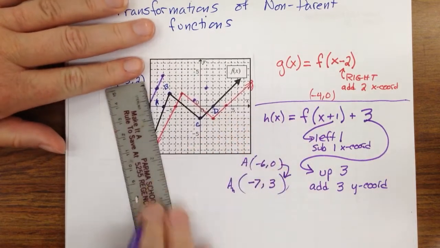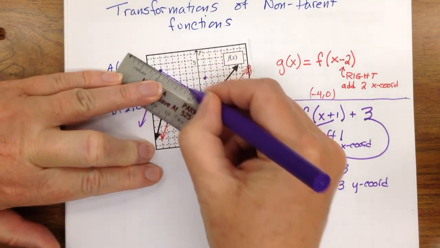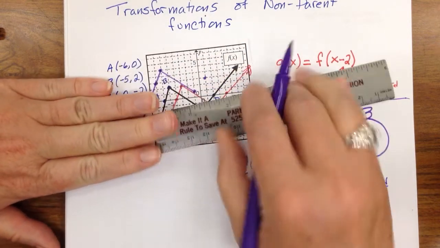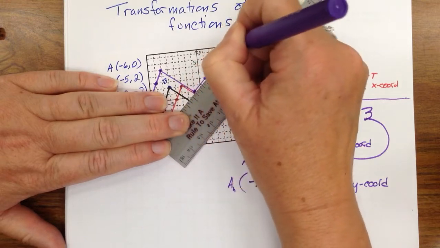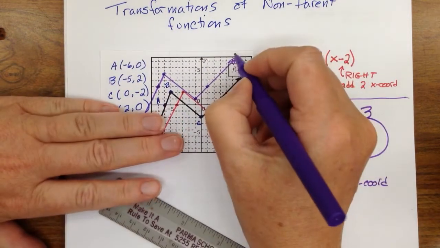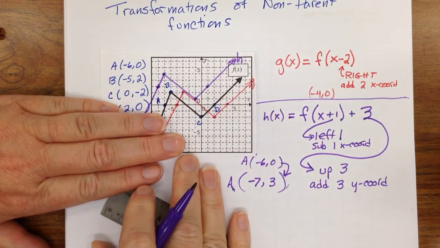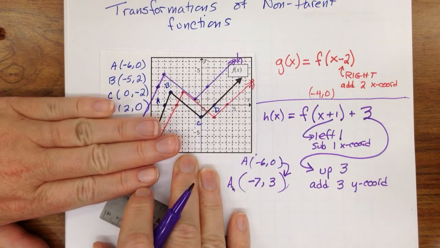Whoa, whoa! A line segment and a ray. And that right there is going to be your H graph. I know, right? It's pretty exciting. At least I think it is.